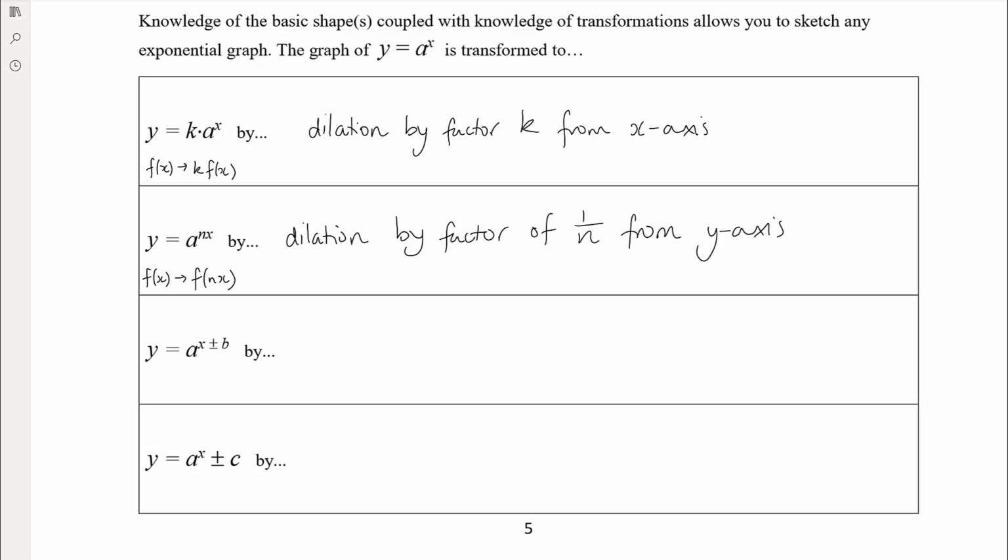Okay, when we're adding or subtracting onto the x, this is equivalent to saying f of x is becoming f of x plus or minus b. So these are translations to the left or right.